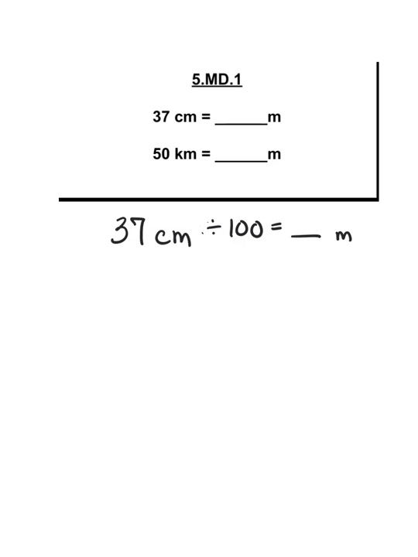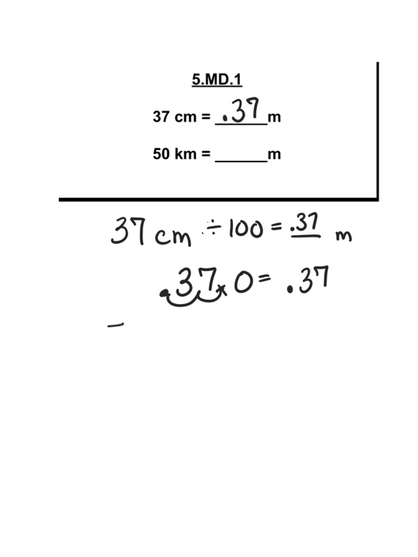Now, when I say I want you to upload supporting work, I'm talking about actually showing me where you wrote the problem, wrote the number with the decimal point, and then moved the decimal point over 2 place value positions to show that you divided by 100. So that means that your quotient is 37 hundredths of a meter, meaning not a whole meter. It's actually less than half a meter.